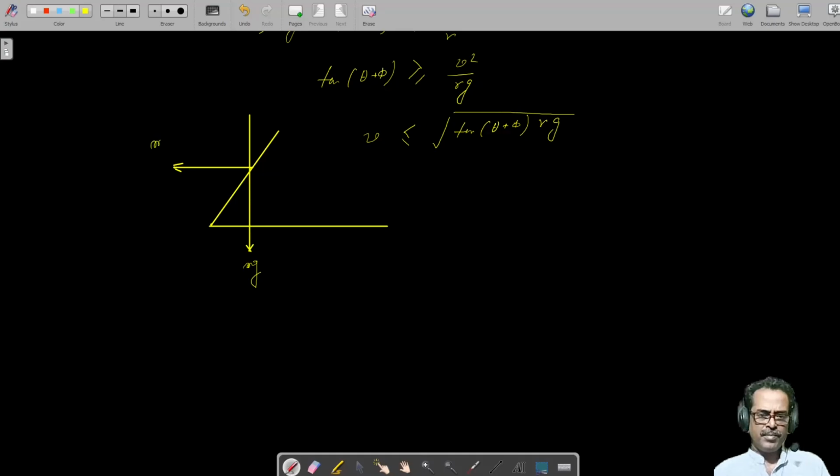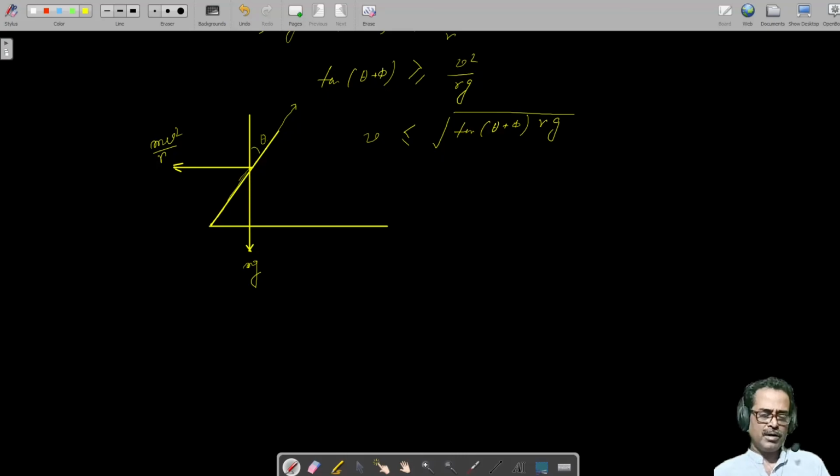The mv square by r. And what is the angle between these two? Actually, the resultant of these two should be the reaction of this, and reaction acts along this direction, because if it acts in another direction, then the cycle will topple.